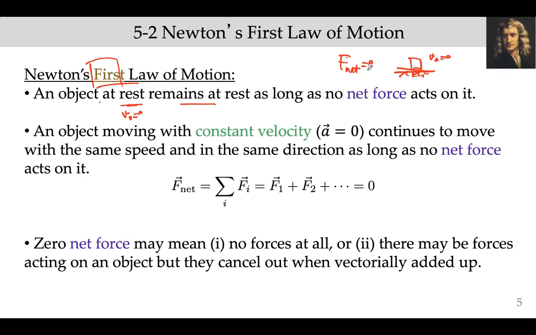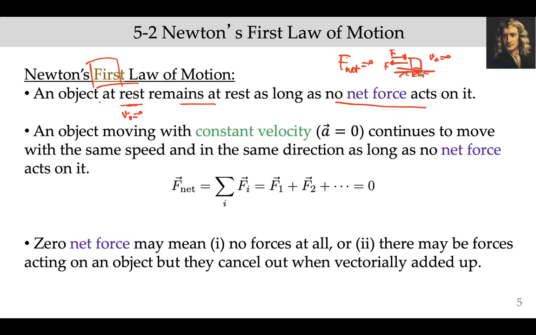Again, net force 0 doesn't mean there are no forces. Maybe someone is pulling it and also pushing it with exactly the same forces, F. Right now there are forces, but the net force is 0. So in that case, because no net force acts on it, it will not move.